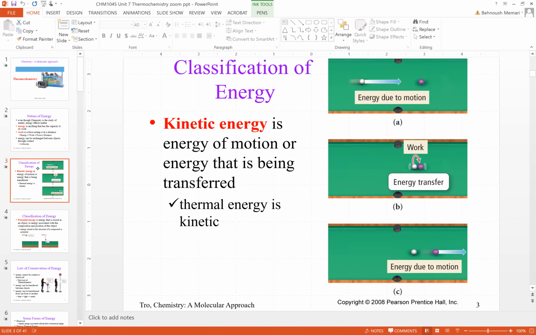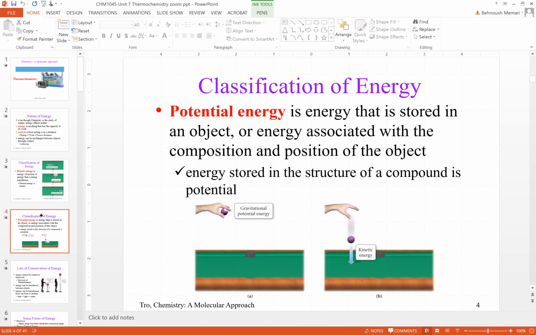For the different types of energy, we have kinetic energy, which is energy in motion. So anything that is moving has kinetic energy, or energy that is being transferred, because thermal energy is a kind of kinetic energy. Then we have potential energy, which is energy stored in an object, or energy associated with the composition and the position of an object.